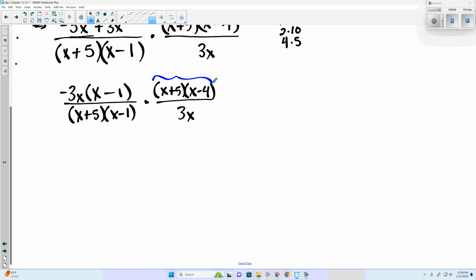So if we're multiplying the entire numerator, we'd have our 3x times our x minus 1. What can we do with the x plus 5? We can just put it right next to it, and the x minus 4. Because we multiply those numbers together, because of the parentheses, we just put them next to each other, and it's understood that they're being multiplied together.